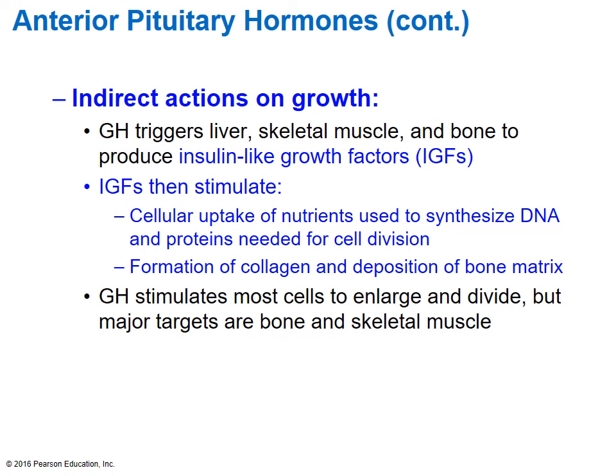And some people will say, well, if I have growth hormone and that growth hormone will cause the secretion of insulin-like growth factors, wouldn't growth hormone then be considered a tropic hormone?